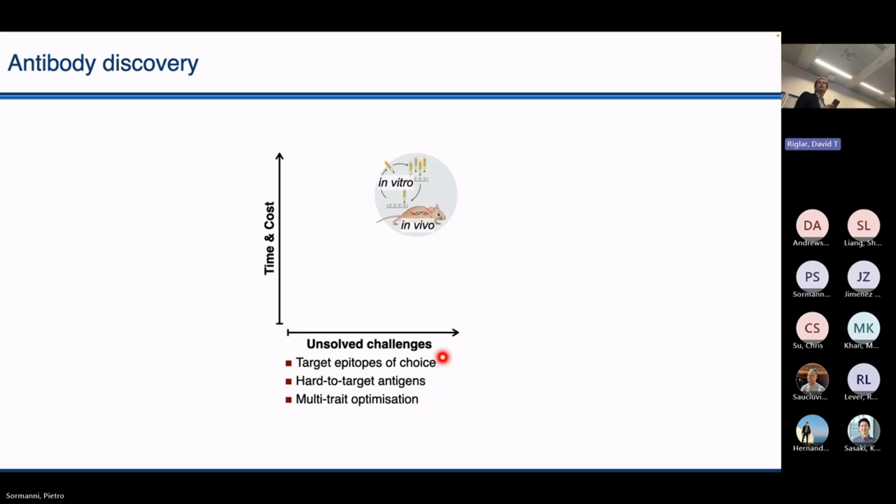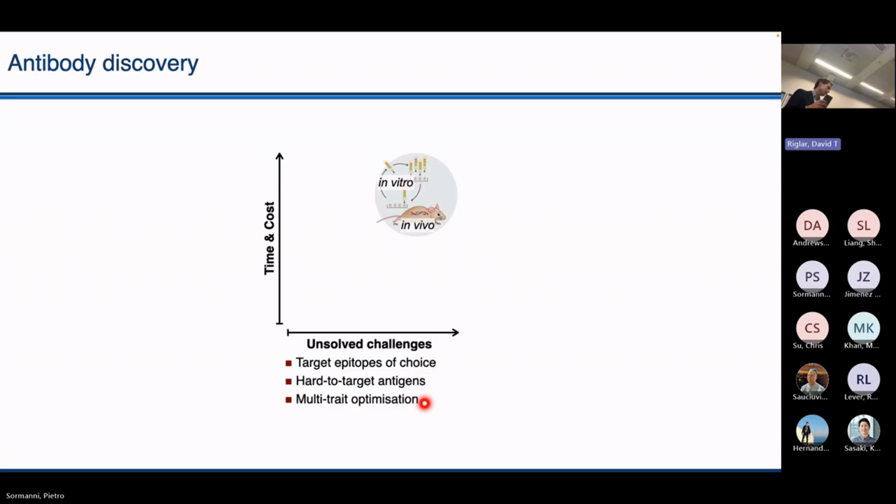One is that it's very hard to use these approaches to target an epitope of choice. An epitope is the binding region of an antibody, so it's hard to obtain the specificity to a particular region of your target. There are still some antigens or targets that are very hard, like unstable protein, protein aggregates, some other membrane receptors, and so on.